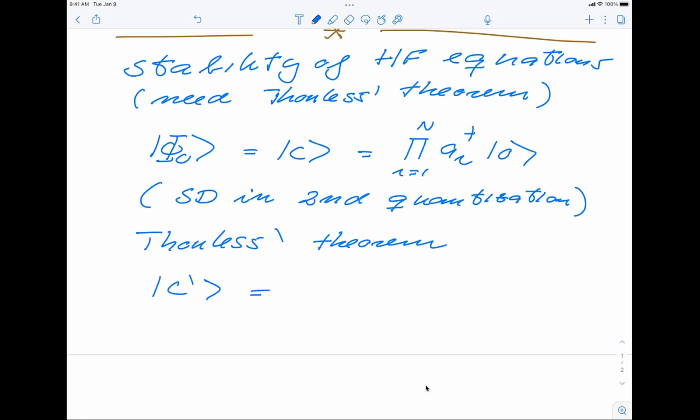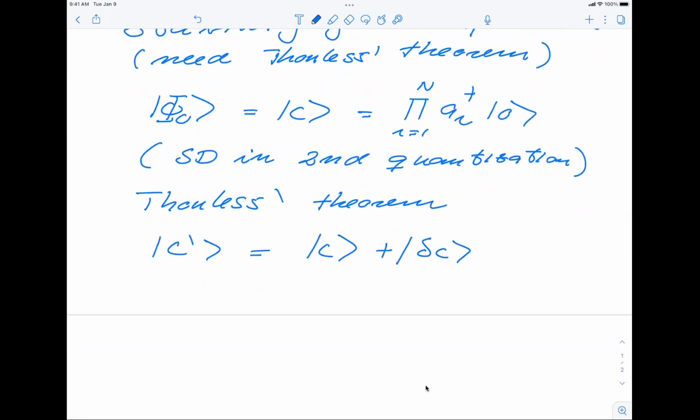And the way this Slater determinant can be written out now is in terms of the basic Slater determinant C, which we had before, plus a small variation. And we are going to write this small variation as a delta C here. So this is also a Slater determinant, which we can write based on the vacuum state which we have defined.